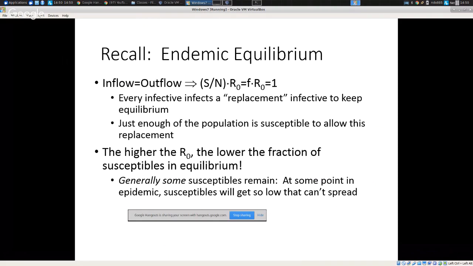So you'll notice this S over N, we call it F, okay? And I would argue R star, in general, is just equal to R0 times F. So it's C times beta times D times F here. See that? It's R0 times F.